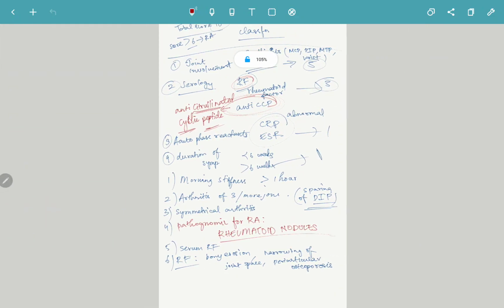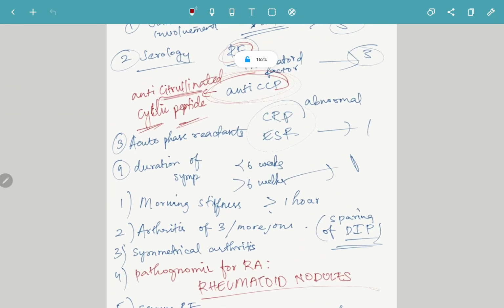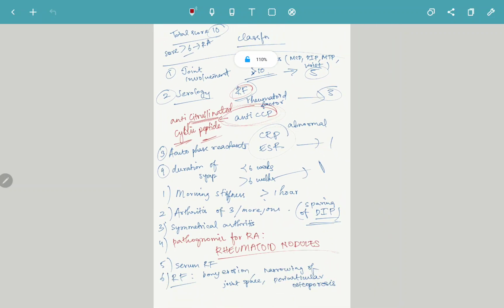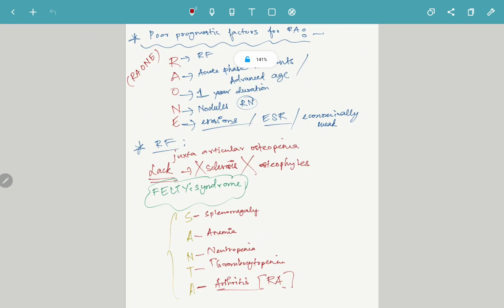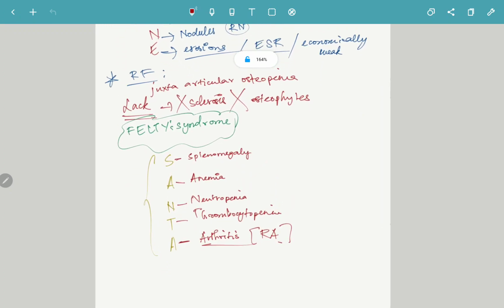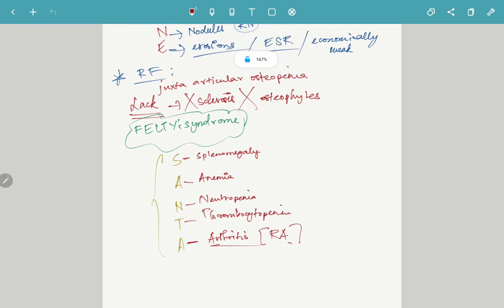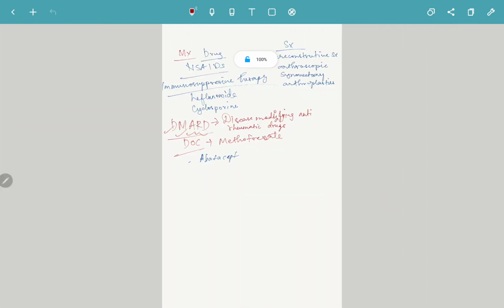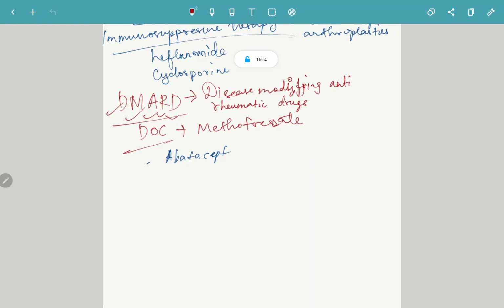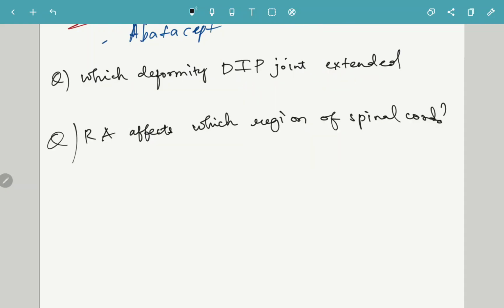And then we saw the classification criteria for diagnosing rheumatoid arthritis, and the poor prognostic factors for rheumatoid arthritis. Then we saw the radiological features, what is Felty's syndrome, and then the management. Okay, so let's solve a question.